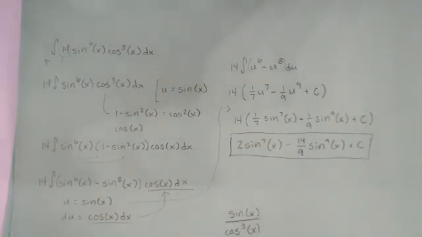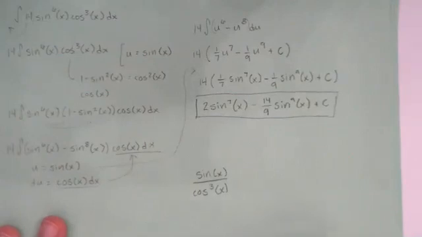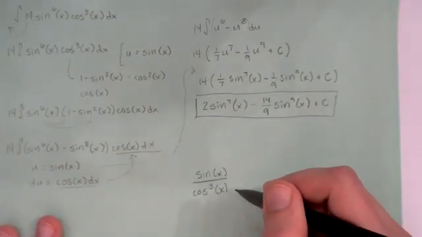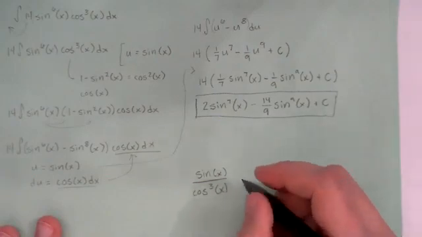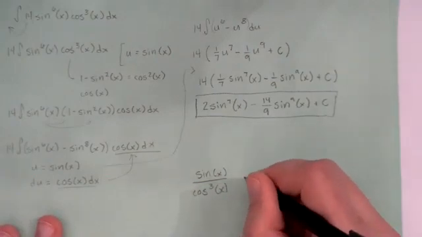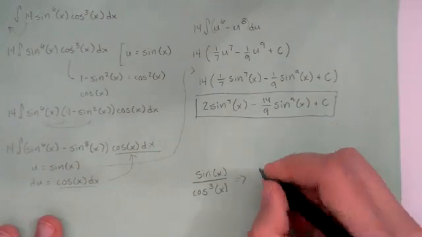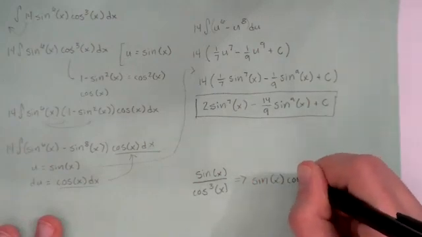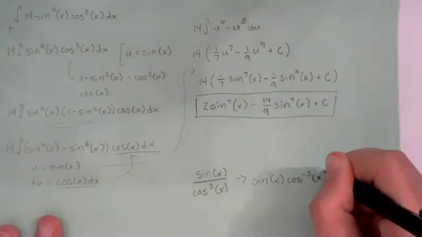If we have a situation like this, and it really is the same as when you're dealing with any sort of weird fraction with powers, what I like to do is say that this is sine of x and then cosine to the -3 of x.